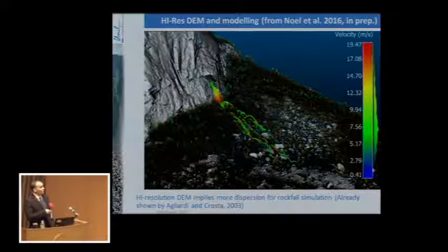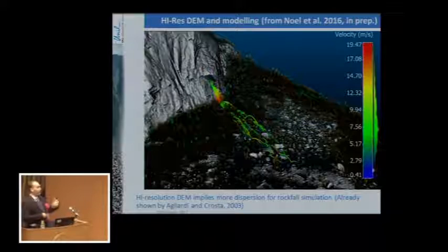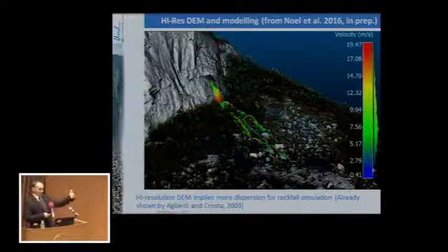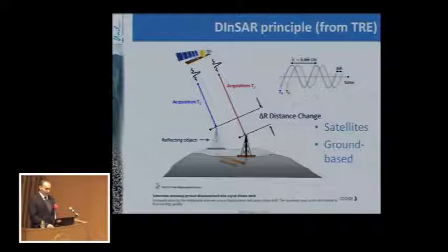They are not taken into account in the simulation, but this is the rockfall simulation. But you see that you have a great detail. These are blocks, and then you can see that it will interact with the rockfall activity, and it will probably, in some cases, make the hazard zone smaller than with previous data.